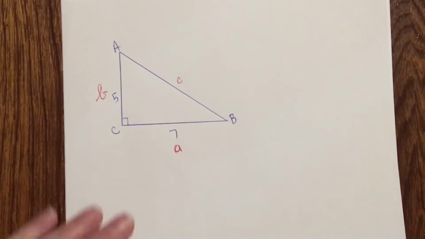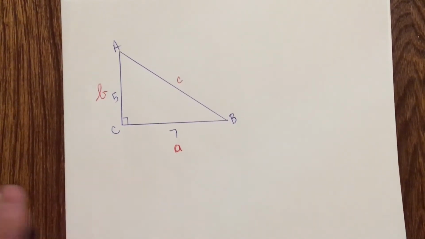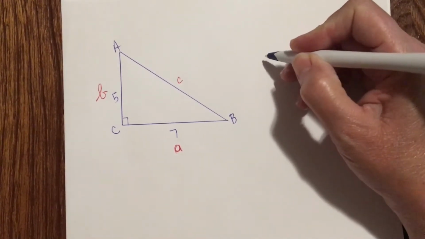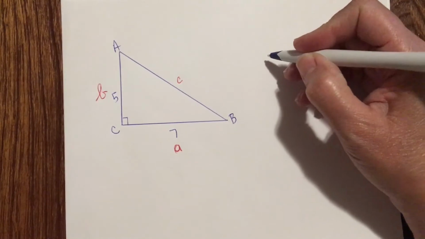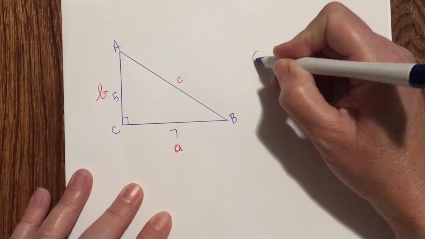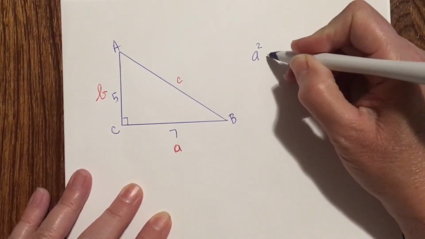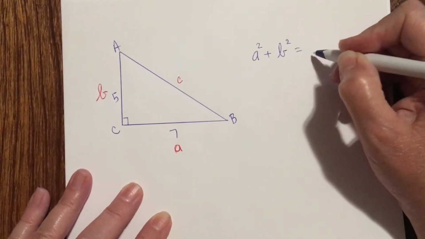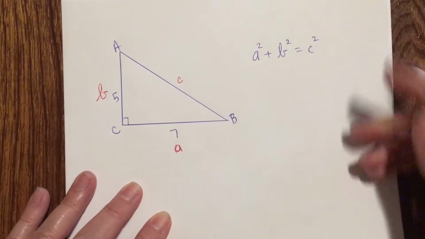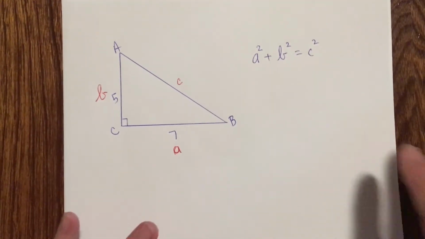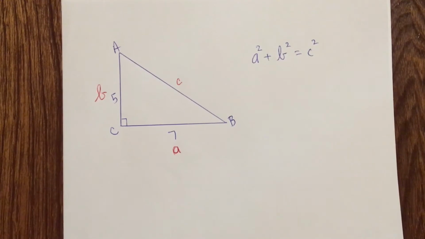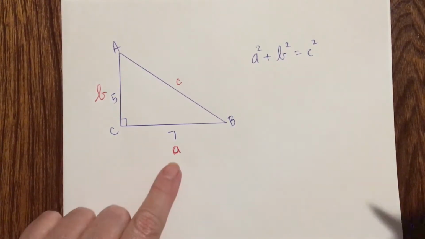Now, because this is a right triangle, I can use the Pythagorean Theorem to find side C. If you have a right triangle, then one of the legs squared plus the other leg squared equals the hypotenuse squared. With the labeling I have on this picture, it's a squared plus b squared equals c squared.